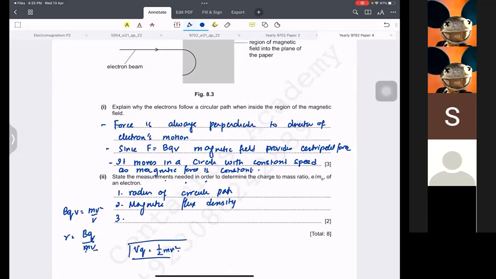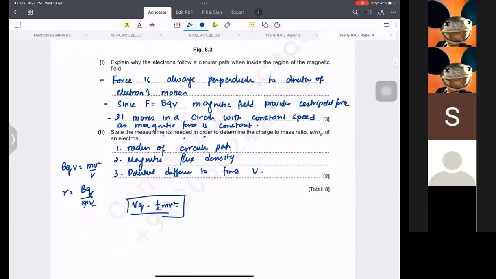So we also need potential difference to find V. Okay, that's what you need.